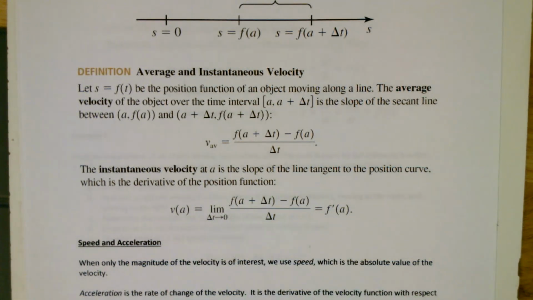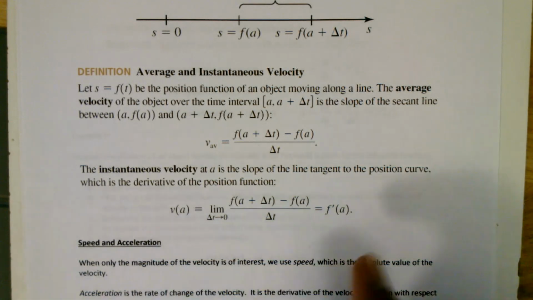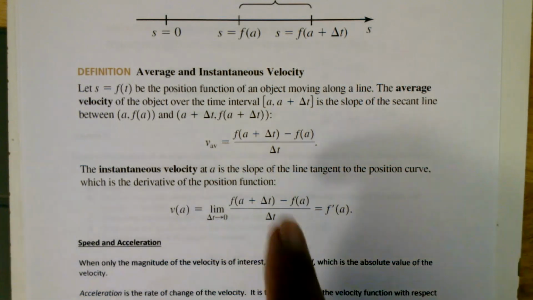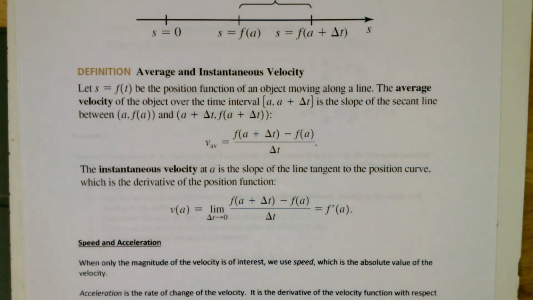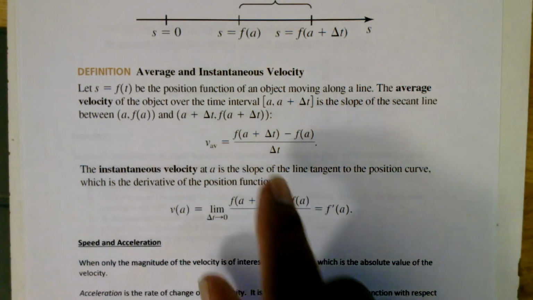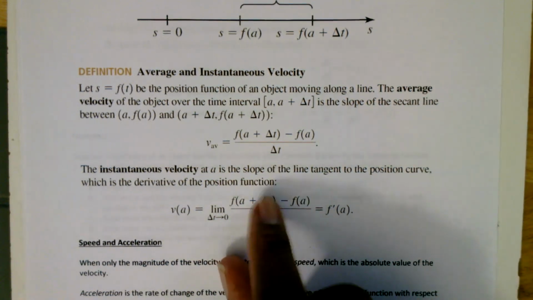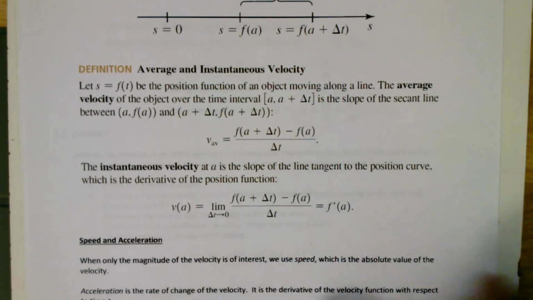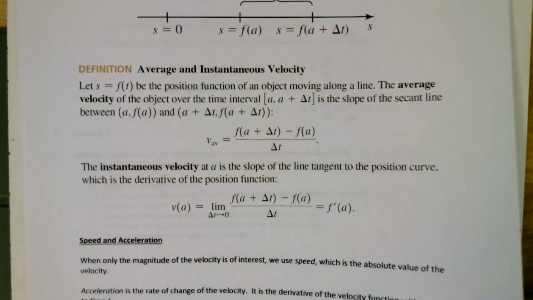When we're dealing with instantaneous, you're going to be taking the limit as delta t approaches 0. That would be similar to f prime of a, taking the first derivative. And we all should be familiar with this. It was written like the limit as h approaches 0 of f of a plus h minus f of a, all divided by h. This time, they're using the Greek letters. In this case, with respect to time, it'll be delta t, or the change in time.